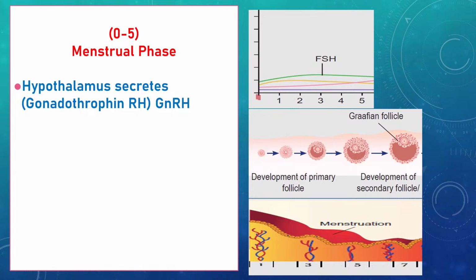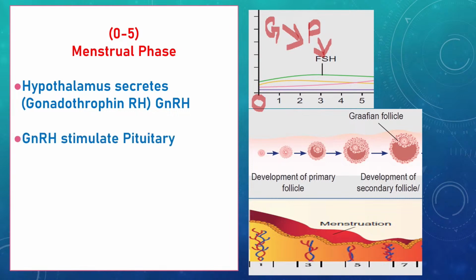So it starts at day 0, where gonadotrophin will be released by the hypothalamus. Gonadotrophin will stimulate the pituitary, and the pituitary will secrete FSH. So you can see here the FSH level: gonadotrophin stimulates the pituitary, the pituitary releases FSH.